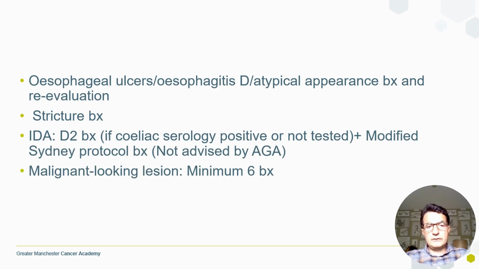For esophageal ulcers, severe esophagitis, grade C and D, or atypical appearance within the esophagus, biopsies are required during index endoscopy, or if severe esophagitis is present and there's diagnostic uncertainty, to rescope following high-dose PPI in 6 weeks' time. A stricture biopsy is necessary prior to any endoscopic intervention.